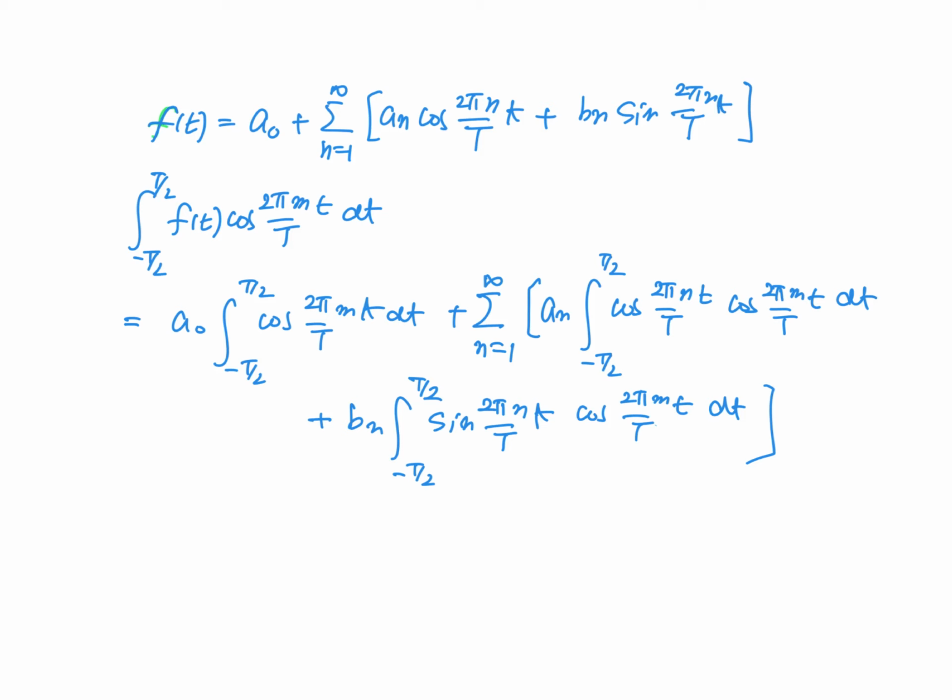And you substitute, so 2 pi t over T is t prime, right? So dt is T over 2 pi dt prime.